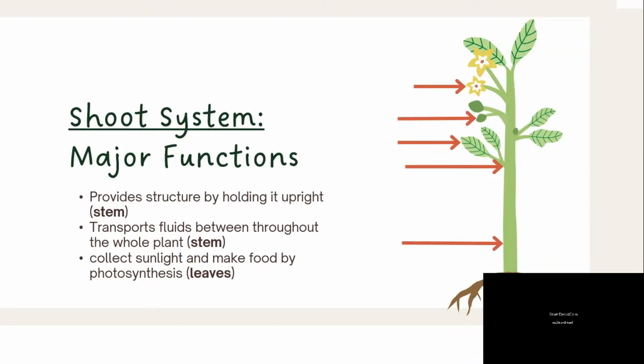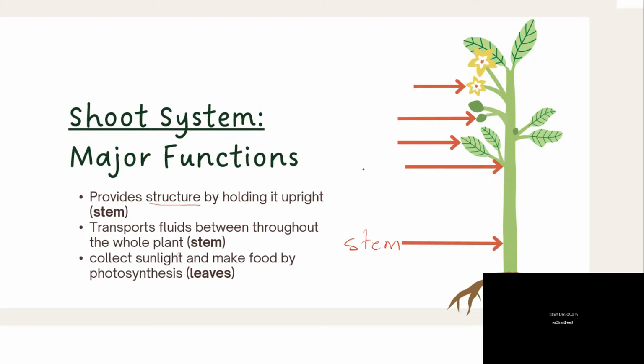The shoot system has major functions, firstly, to provide structure by holding the plant upright. This stem is holding this plant upright. So we'll label this one stem.